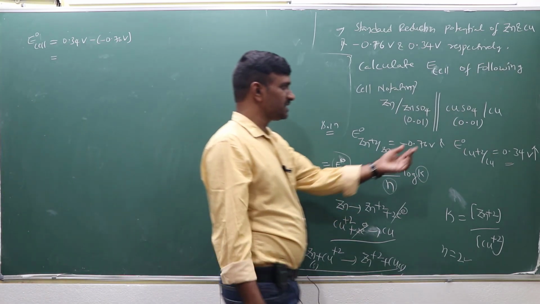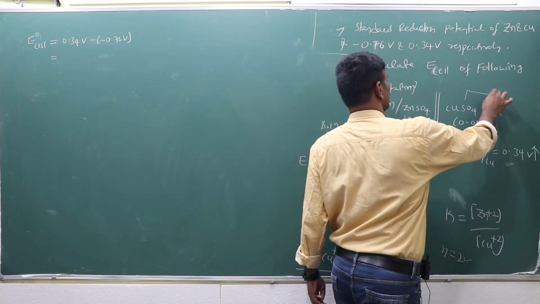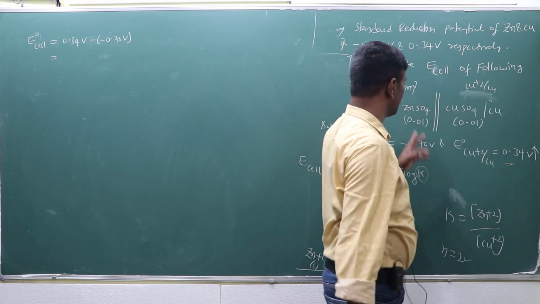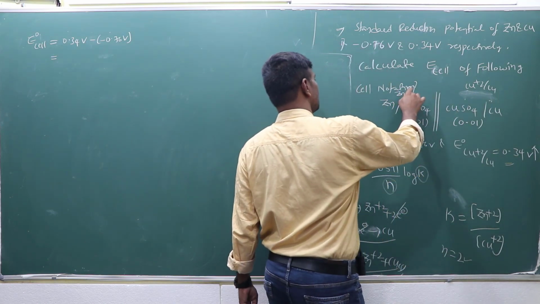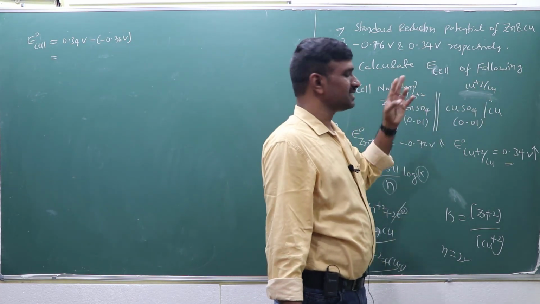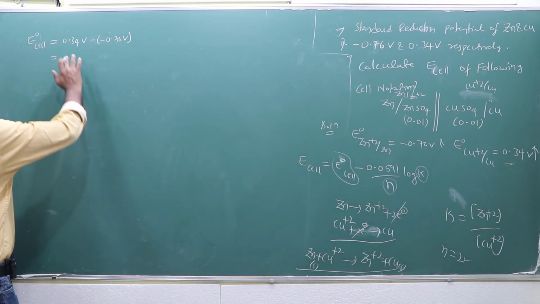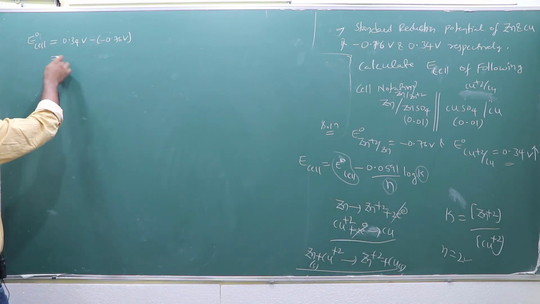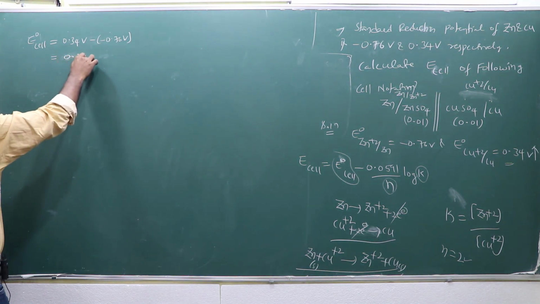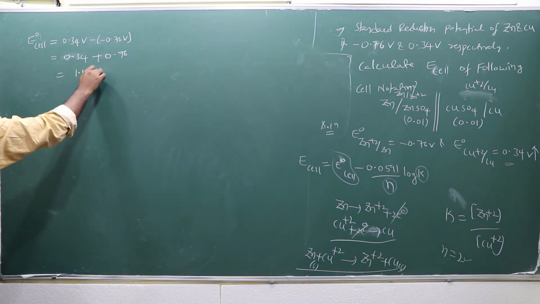The right side is Cu plus 2 going to Cu, and the left side is zinc going to zinc plus 2. So reduction reaction takes place on the right, oxidation reaction on the left. So highest reduction potential minus lowest reduction potential is 0.34 plus 0.76. How much is it? 1.10 volts.